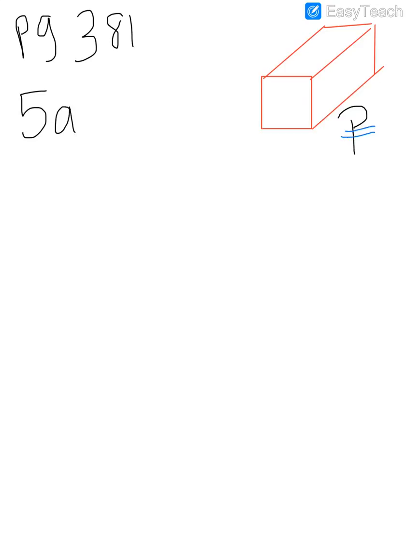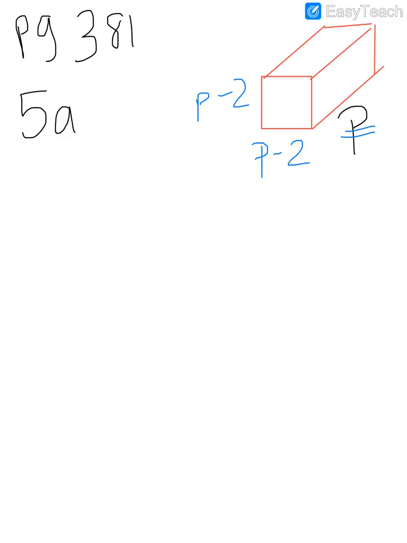Well, if the length is p and the width is 2 centimeters less than that, it would be p minus 2. And the height, they said, is the same, p minus 2. So you get 1 mark just for filling in the length, width, and height of this rectangular prism.